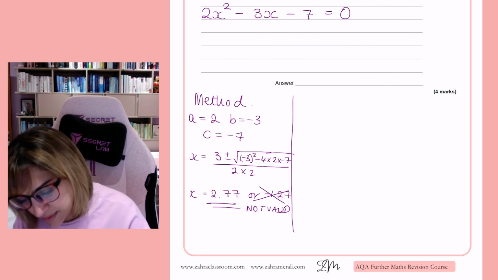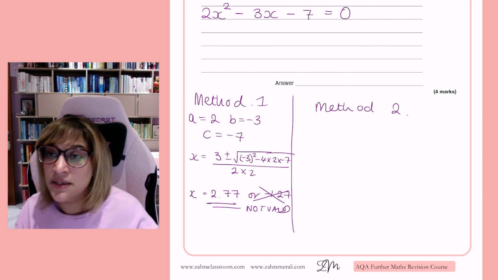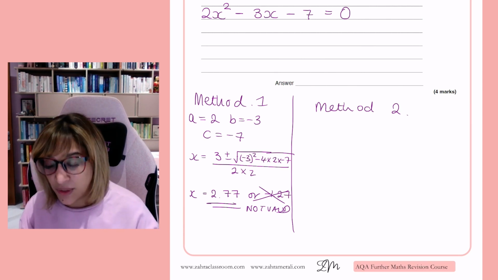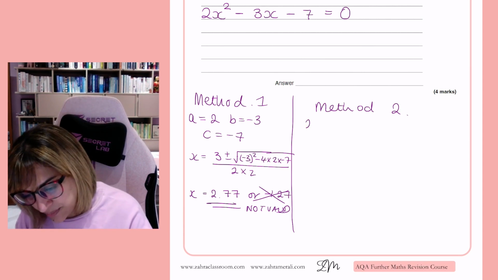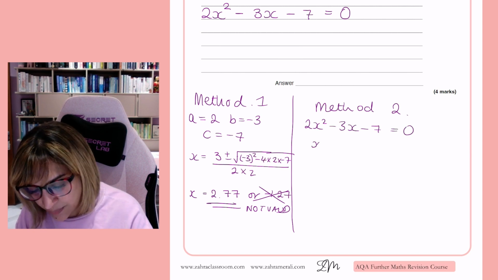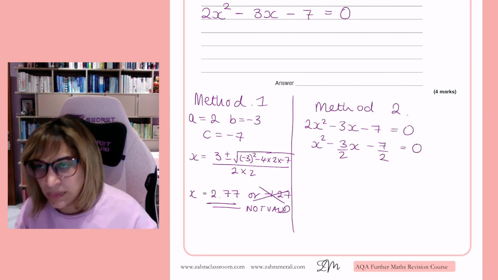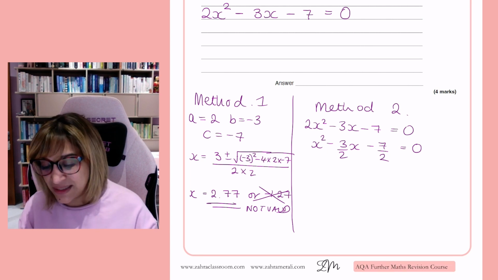The other method, so say method 1, method 2, would be using completing the square. So step 1, I would take that equation, and because it's got an equal sign, I can divide it by 2. So x squared minus 3 over 2x minus 7 over 2. I can now complete the square.